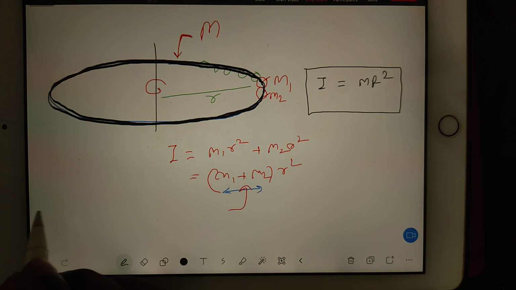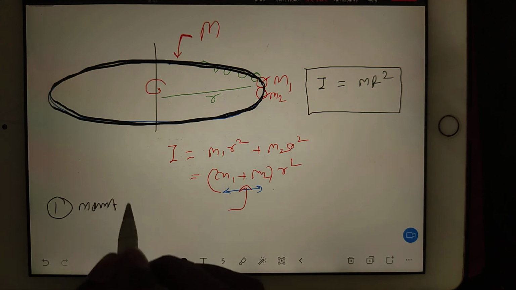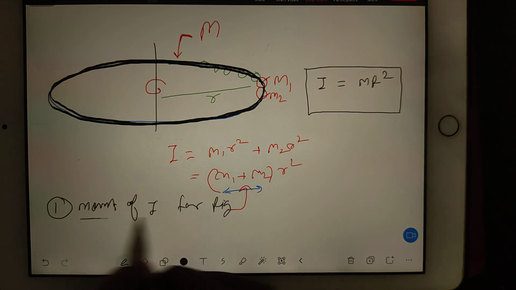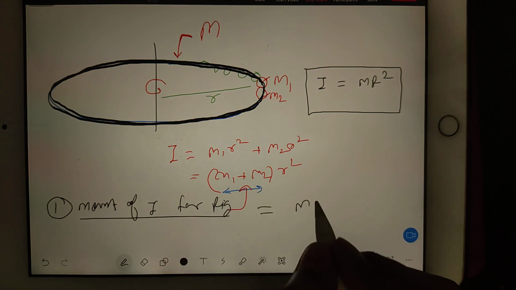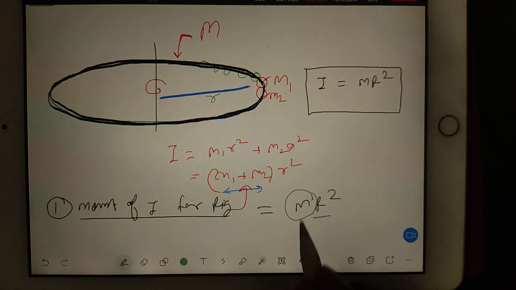So we got our first very basic concept, moment of inertia for a ring. This is nothing but mr square. What is r here? R is the radius, and M is the mass of the ring. Okay, copy this fast.